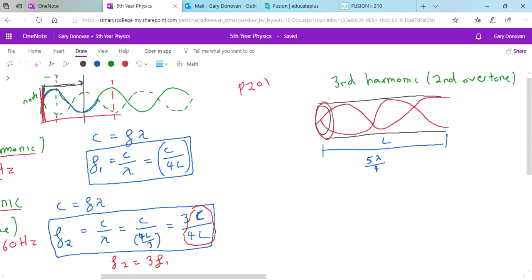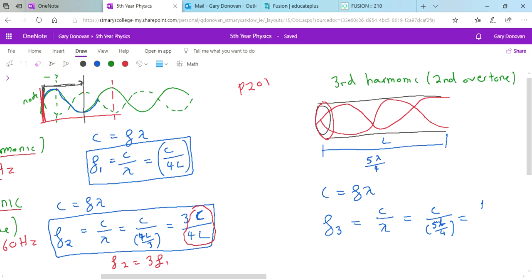Doing our equation again, C equals F lambda. F3 then equals C over lambda, which is C over 5 lambda over 4. Oh, hang on, I didn't write that.